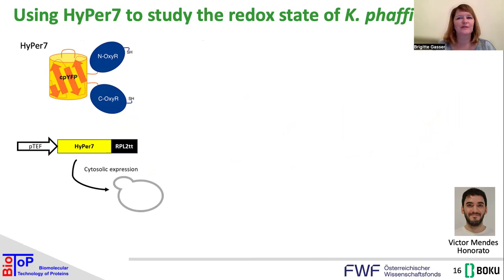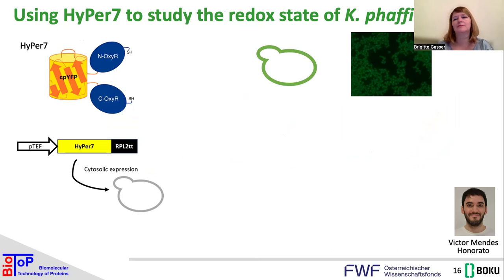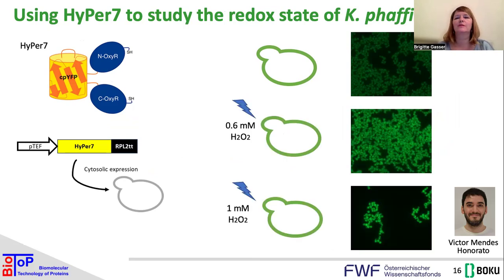Another PhD student, Victor Mendez-Morato, set out to use HyPer7 in Pichia, so he expressed it under control of a constitutive promoter in the cytosol, and he could easily show that you have expression of the sensor in the cells, and that the signal for the oxidized form gets stronger when you add hydrogen peroxide.